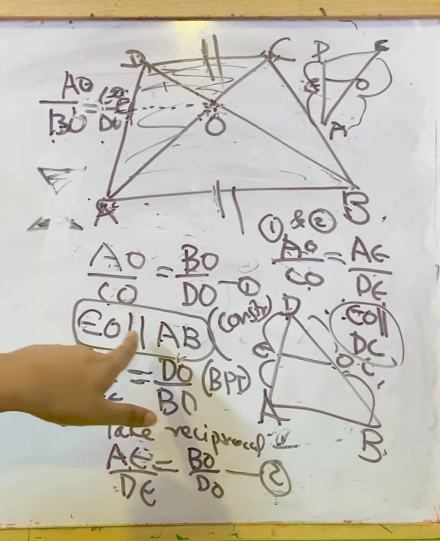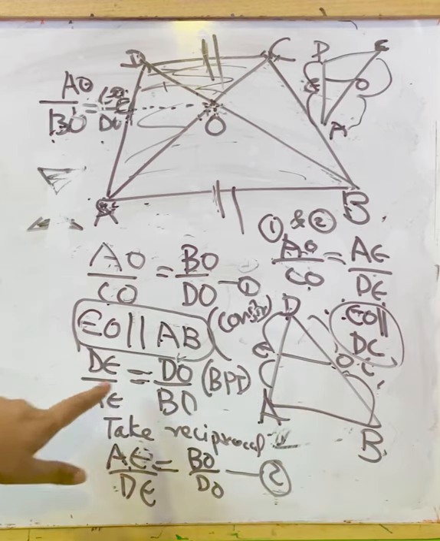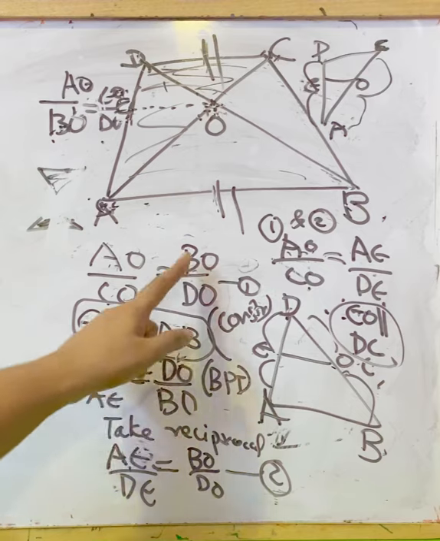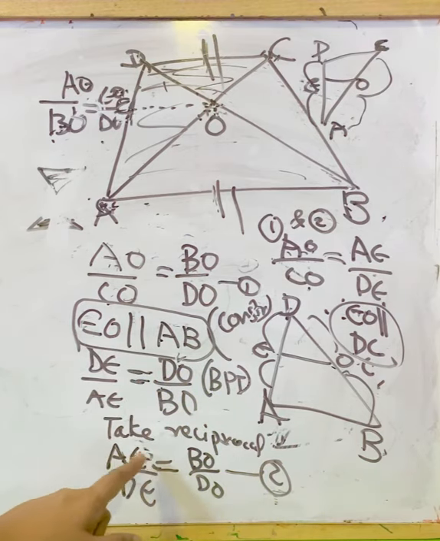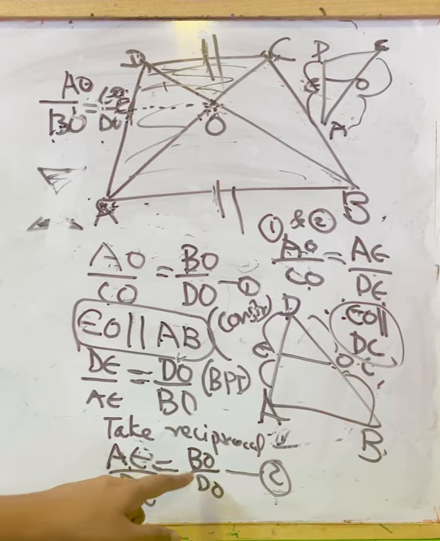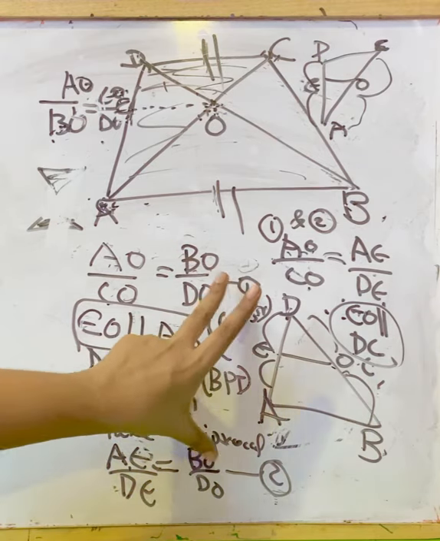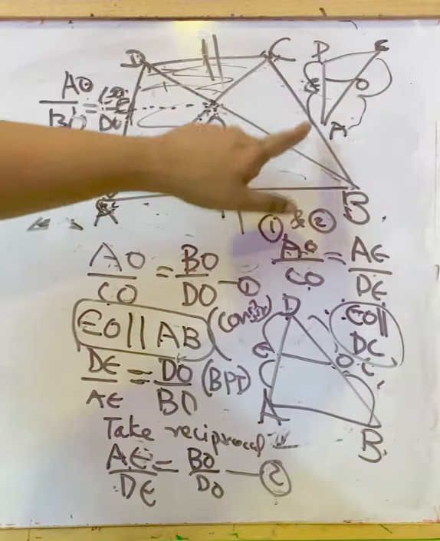Then if EO is parallel to AB, considering this triangle, we can write the proportionality. After writing, when we check the RHS part, there is a slight difference: one is the reciprocal of the other. So we took the reciprocal on both sides and rearranged, now AE by DE equal to BO by DO. Comparing 1 and 2, we have RHS equal, so we can directly write AO by CO equal to AE by DE, and that is in this upper triangle.